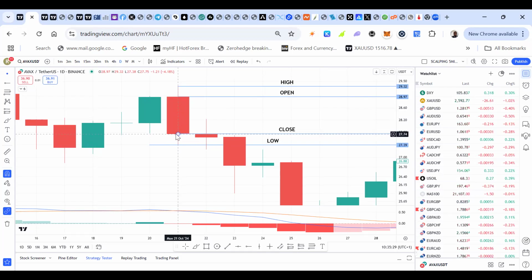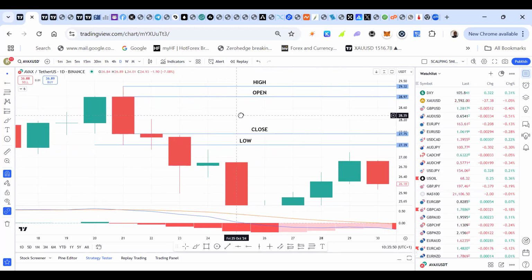This is the low. This is the open. This is the high. That's just how to appreciate a candle. It has the high, open, and low. All right, so this is for a bear candle.